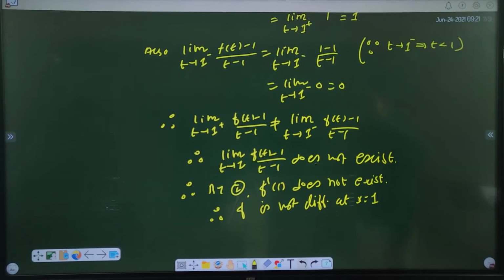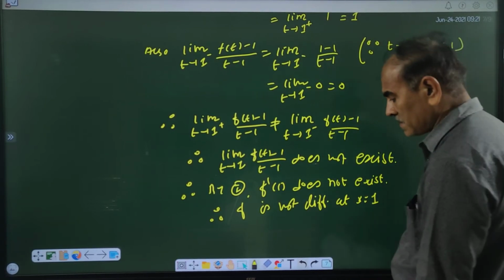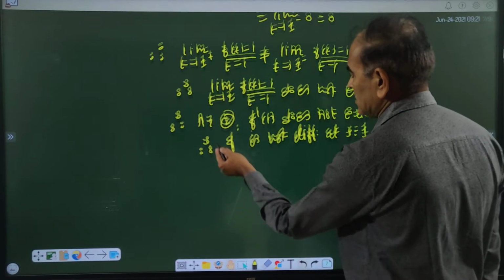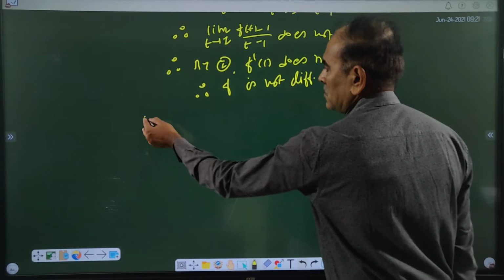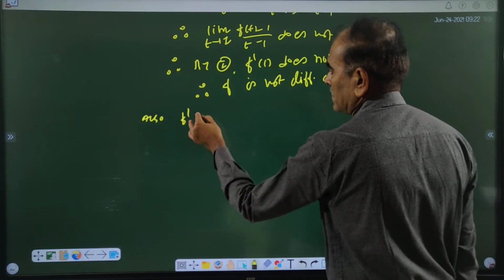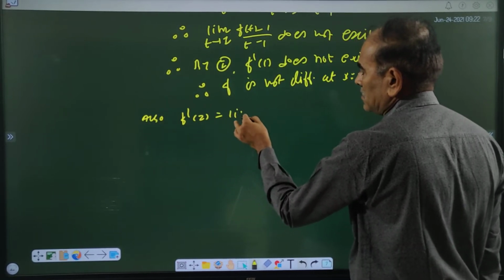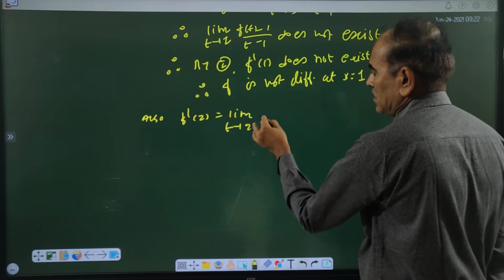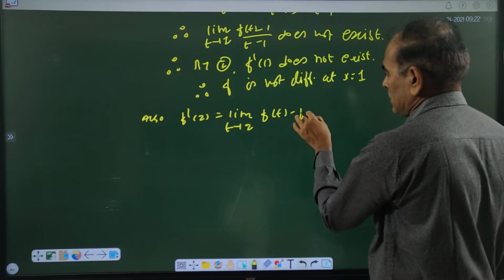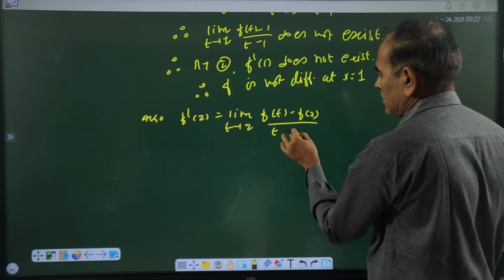On the same line, we have to see that f is not differentiable at x equal to 2 also. So let us start with f dash 2. f dash 2 is equal to limit t tends to 2 of f of t minus f of 2 upon t minus 2.